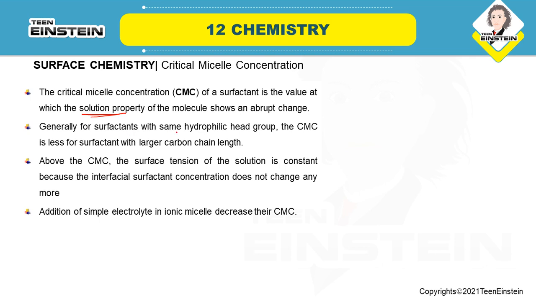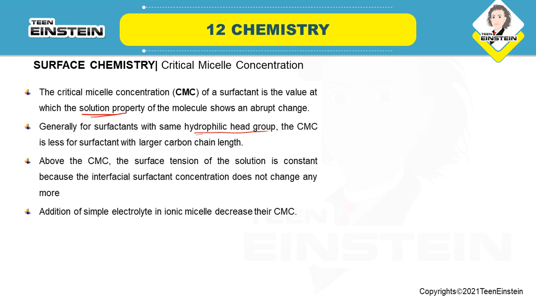So generally for surfactants with the same hydrophilic head group, suppose we have taken two different surfactants where the spherical polar part, that is the head part, is the same, but the tail parts of the two molecules have different chain lengths.